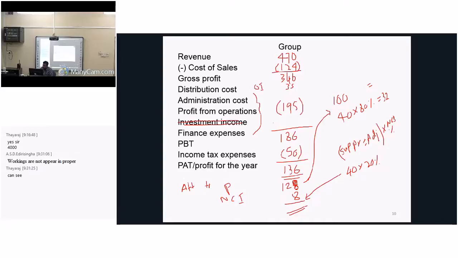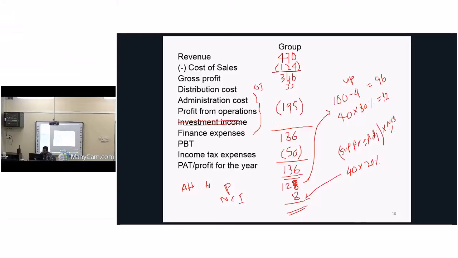That's why I use the mouse to write everything. Otherwise we have to type, then it takes time. Then this 100 minus 4, it is 96. What is 4? This is adjustment for unrealized profit, if you can remember. Right? So then 96 plus 32, it will be 128.